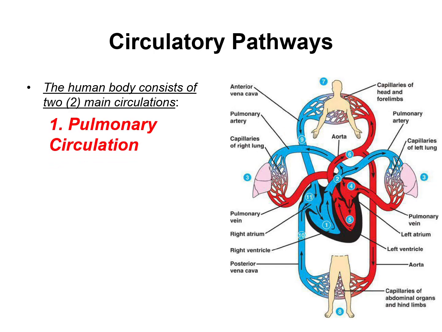Now, like I said, we have the pulmonary circulation going to the lungs. We have the systemic circulation going to the distal areas of the body, or the main abdominal area.